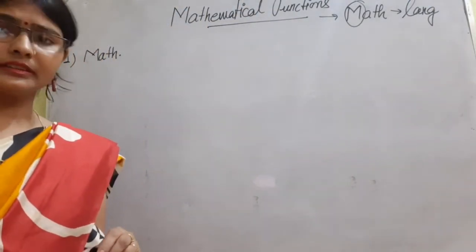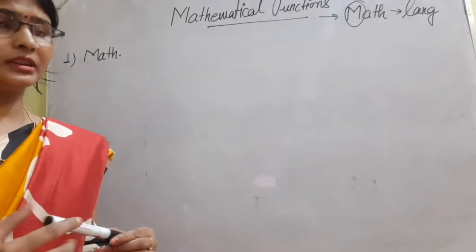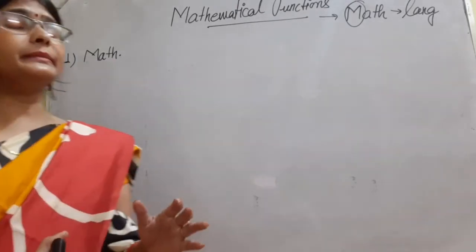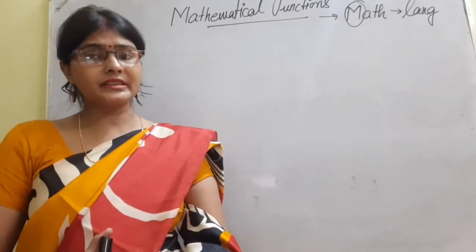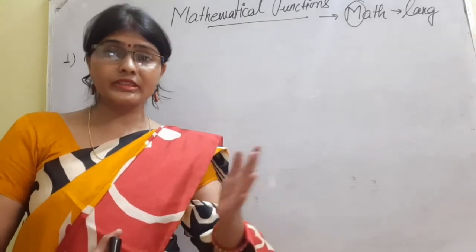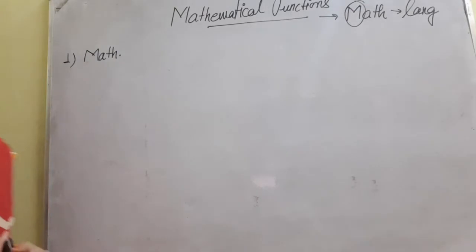Clear? By default it is included, whether you write it or not. So simply all the mathematical functions are present in the Math class, and the Math class is present in the lang package, which is the default package of Java. Clear?